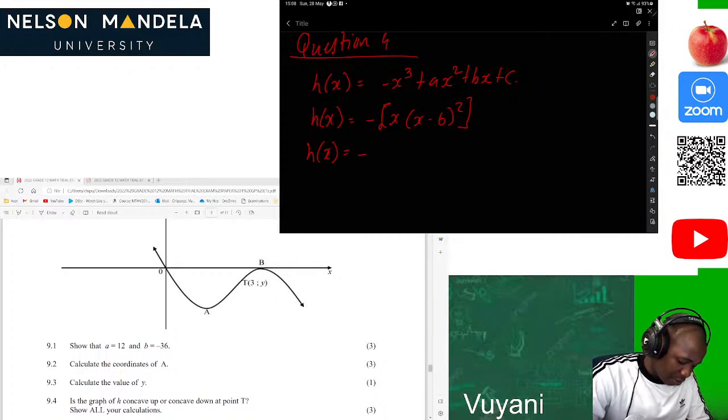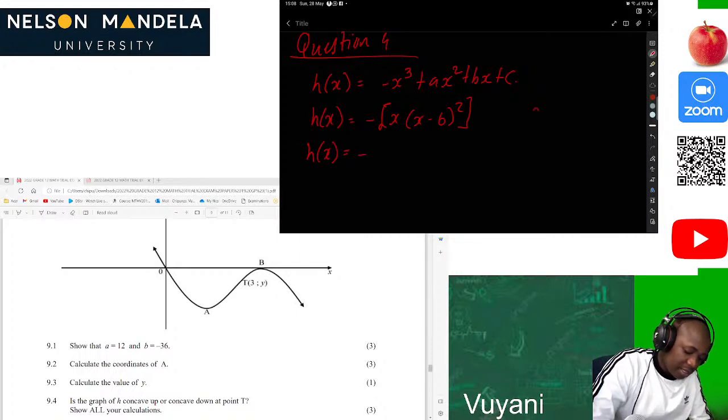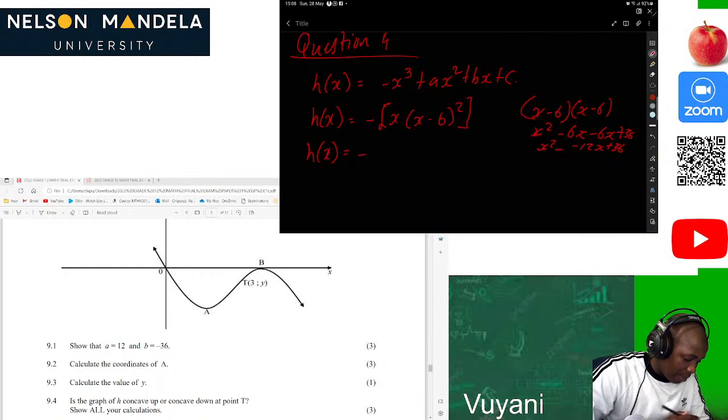Then we remove these two brackets, x minus 6 times x minus 6. That's x squared minus 12x plus 36. Then we multiply by this x here. Then we have negative x cubed plus 12x squared minus 36x.